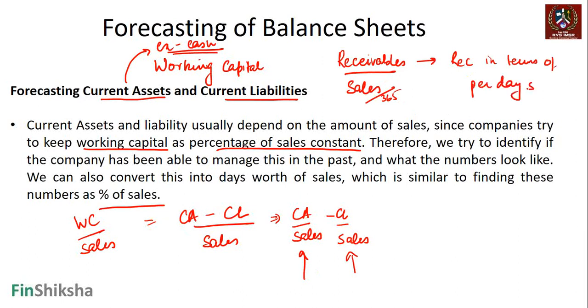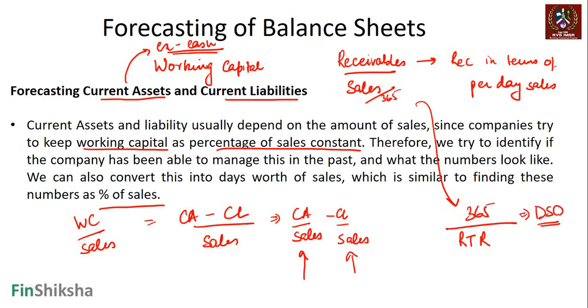If you remember, this is our notation that we saw on a per day basis. The same equation can be written as 365 divided by receivable turnover ratio, sales by receivables, right? So effectively, we have taken the receivables turnover ratio, divide 365 by that, that gives you the days sales outstanding.